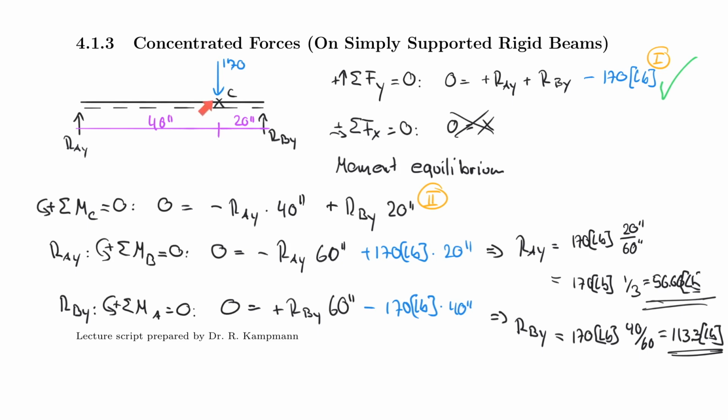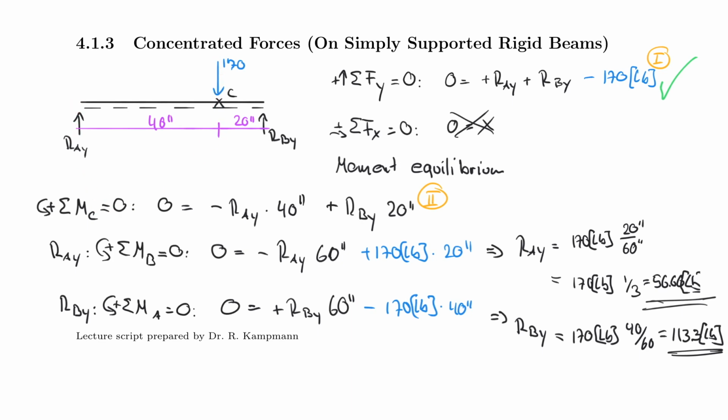And probably more obvious this will become when you look at the 170 here. Because you rotate about B, it's positive, right? So you have this force times this lever arm. So it's a positive rotation. Whereas here, in this equation down here, RBY actually becomes a negative rotation because it turns clockwise about this point.